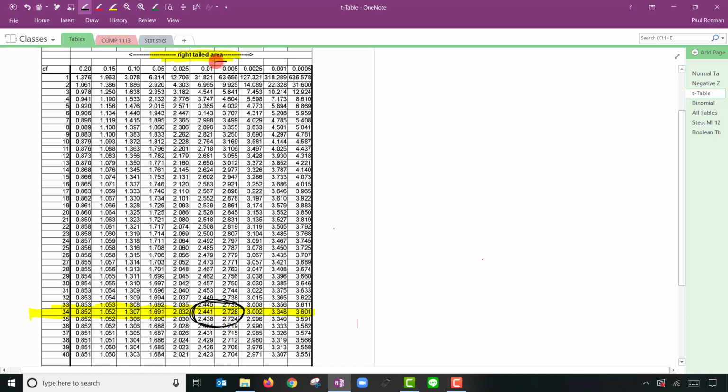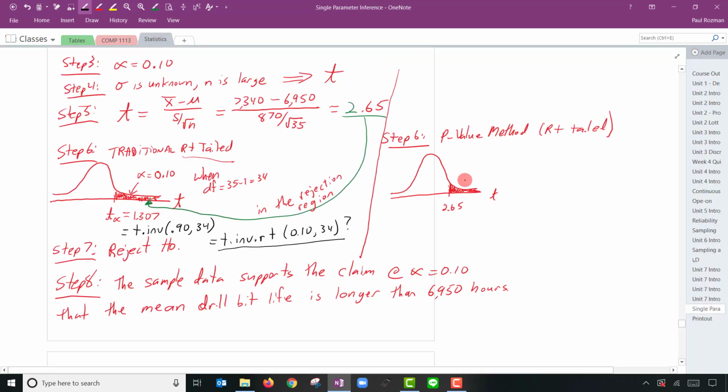So that area is somewhere between 0.5% and 1%. So even though I can't get it exactly, I know, in the ballpark. So from the table, the best I can say is this area is somewhere between 0.005 and 0.01.